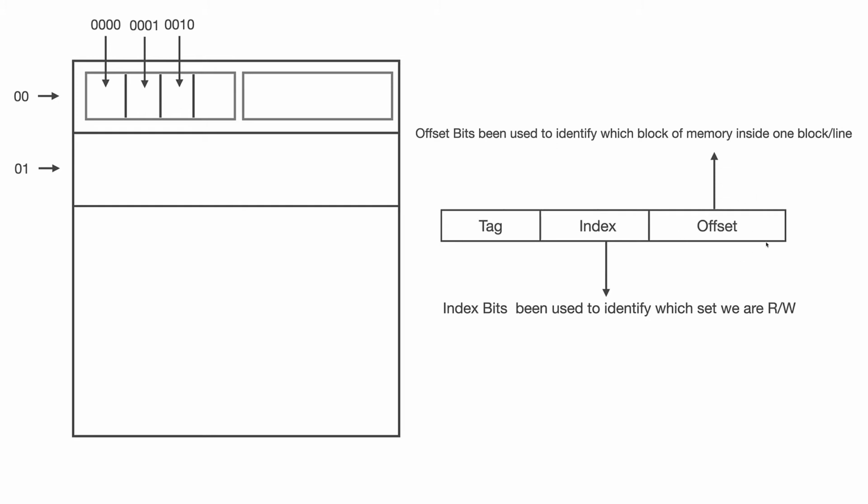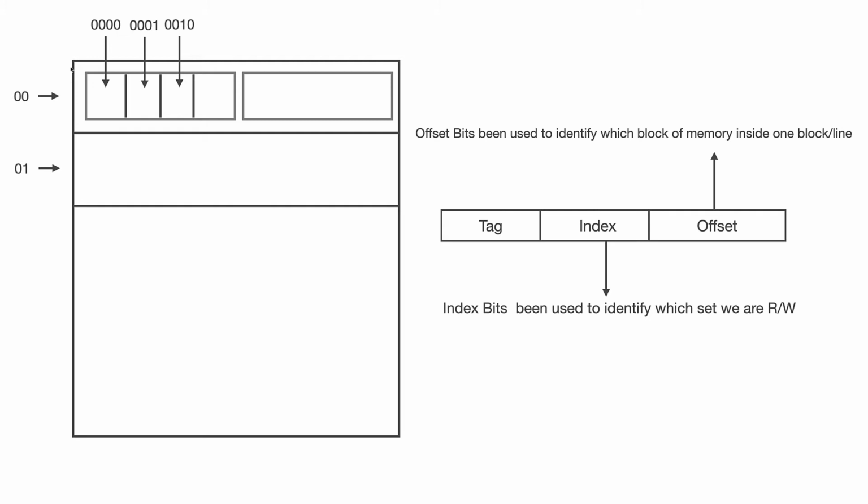So the offset bits are used to identify which byte inside one block or line, and index bits are used to identify which set I am referring to. In this way, we can find the data from the cache. And then the rest of the bits are the tag bits.